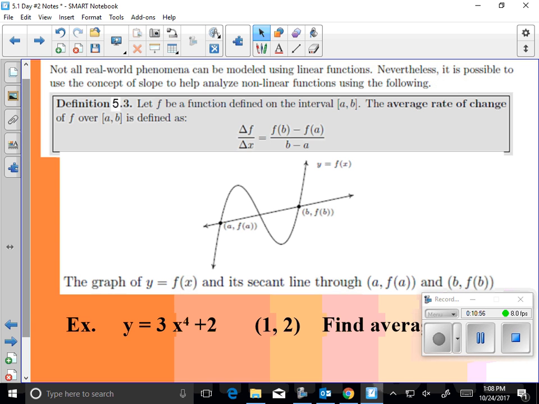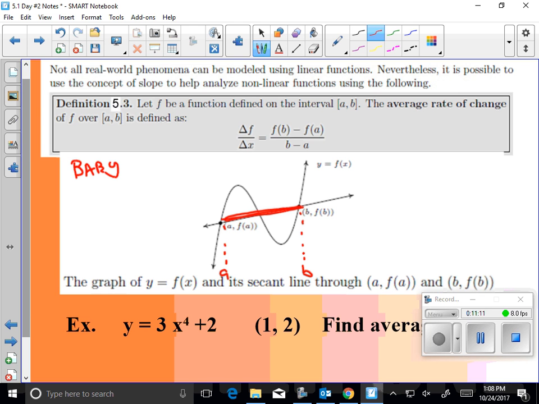So in this case, I can find the average rate of change from, let's call it A to, let's call it B. This is the beginnings. This is like baby calculus. Baby calculus.